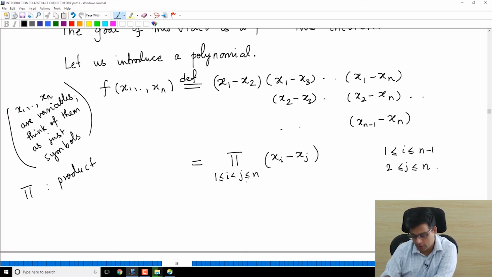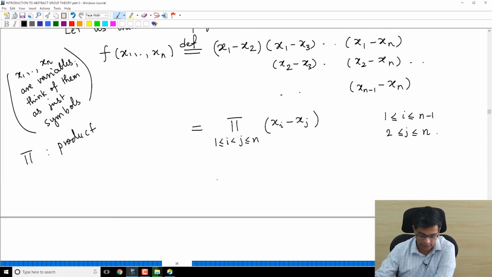I can't be n because if i is n, there will be no j. j must be strictly more than i. Similarly, j cannot be 1 because j must be strictly more than i. So for any pair of indices where i is less than j, you introduce a term xi minus xj.